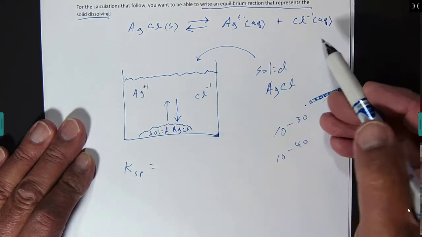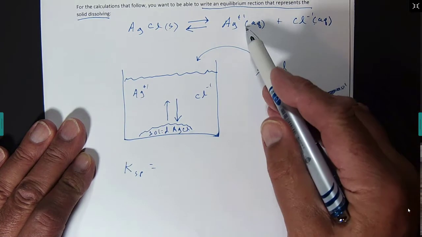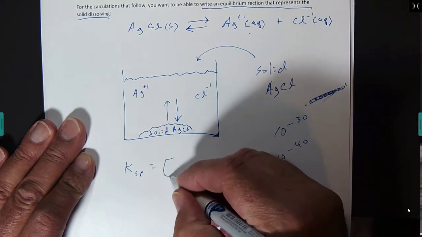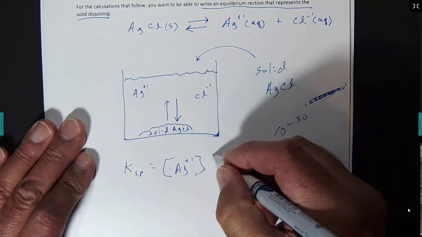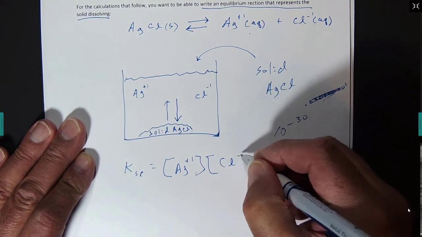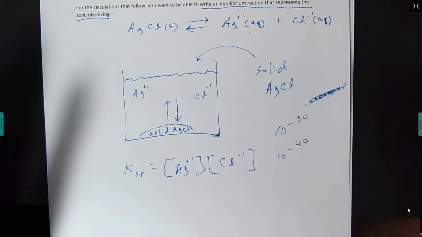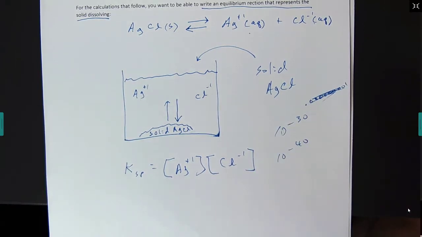And it's going to be the concentration of your silver ions times the concentration of your chloride ions. That's the equilibrium expression there, the Ksp expression.